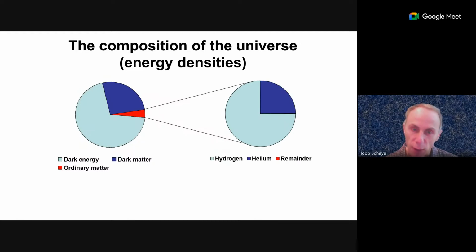Another way we can describe what this ordinary matter is, we can ask, what elements is it made of? And you can see about 3/4 is hydrogen, the lightest element, and about 1/4 is helium. And that helium was produced in the Big Bang, in the first 3 minutes after the Big Bang, when the universe was so dense and hot that it was one big nuclear reactor converting hydrogen into helium.